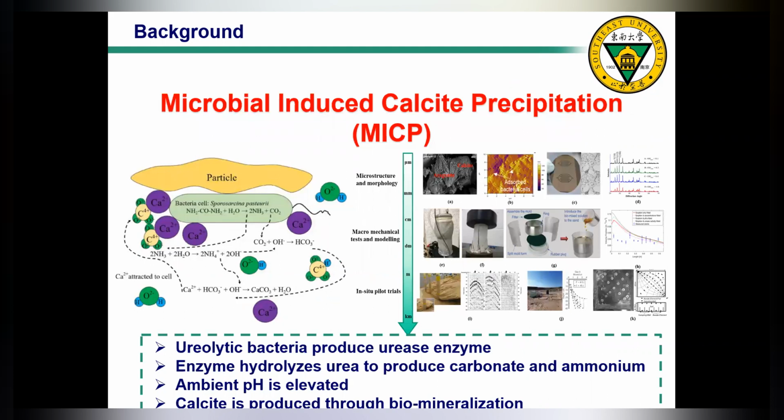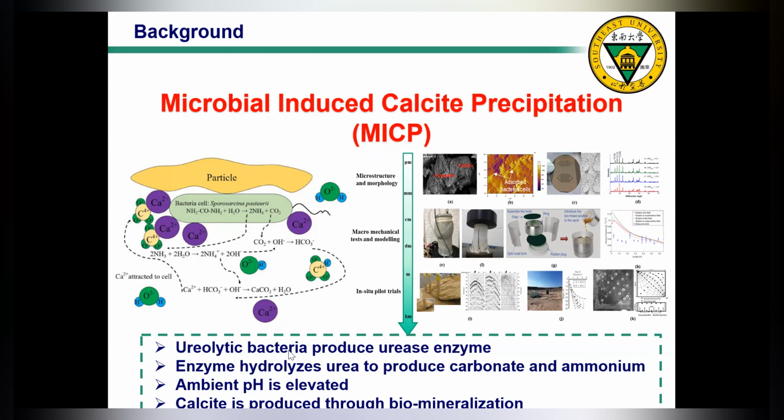Then, microbial-induced calcium precipitation, or MICP, is a promising soil improvement technique and has gained a lot of attention in recent years. The idea of MICP is that native ureolytic bacteria can produce urease enzyme.